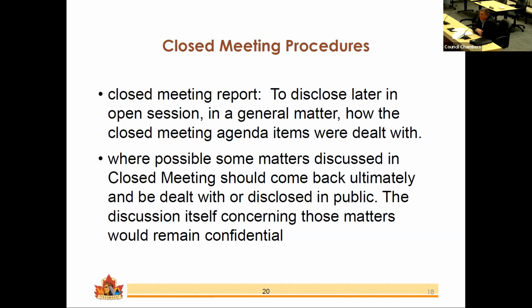But at some point, when that purchase or sale takes place, that item, not the discussions but the action item of that purchase or sale, is brought back in open session, typically through a bylaw, typically through registration of those documents in a land registry office, and thereby we're back in public on that matter.